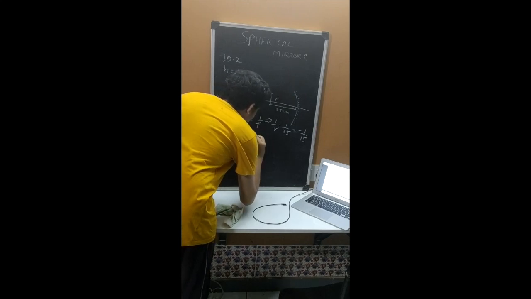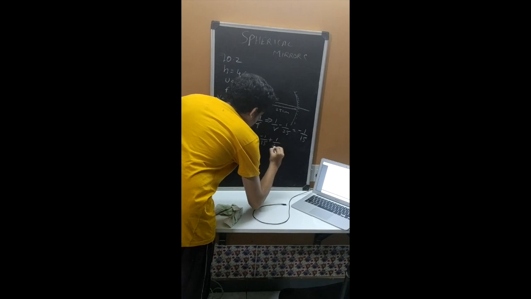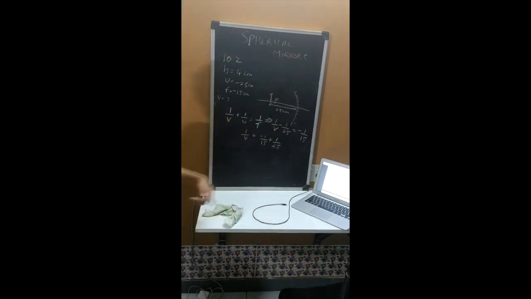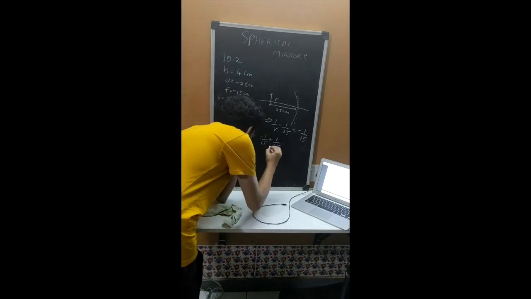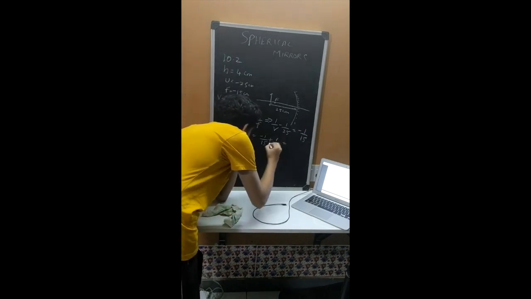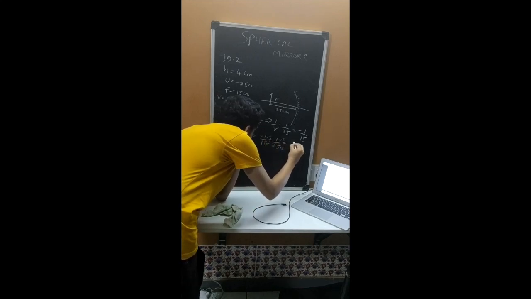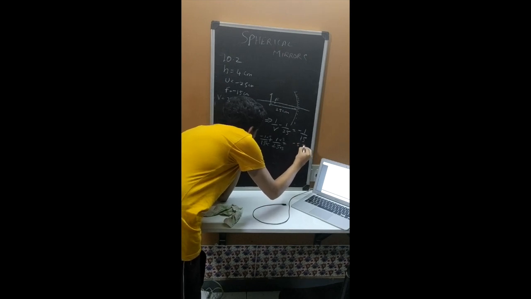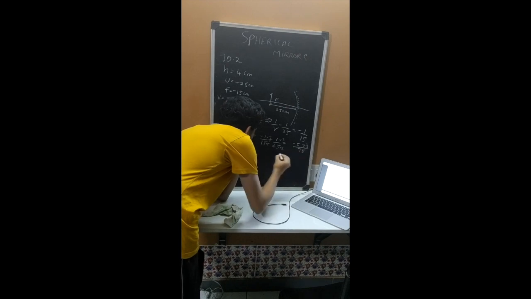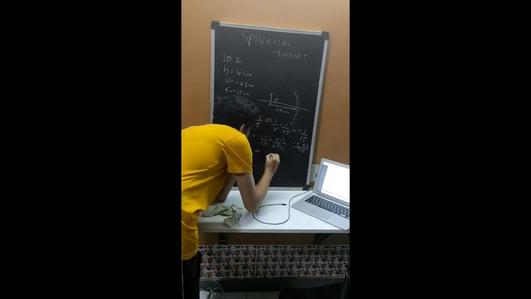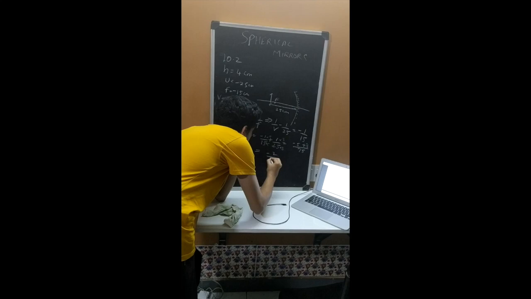1 by v is minus 1 by 15 plus 1 by 25. What is the LCM of these two? I think it is 75. So it is equal to minus 5 plus 3 over 75, equal to minus 2 by 75.